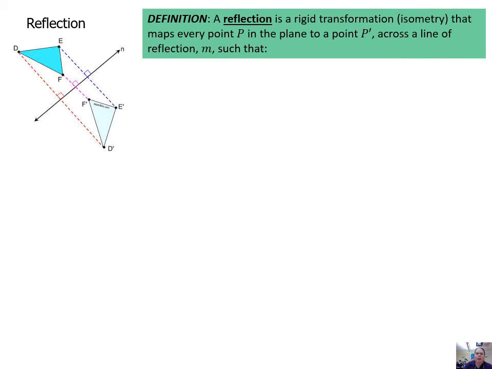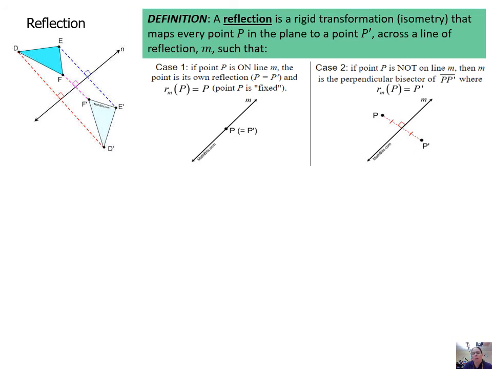Reflection gives a mirror image. Reflection is a rigid transformation or isometry that maps every point P in the plane to a point P prime across the line of reflection M, such that we've got two cases. Either it maps to itself because the point P is on the line, or it maps such that the line M is the perpendicular bisector of the segment connecting P to P prime.